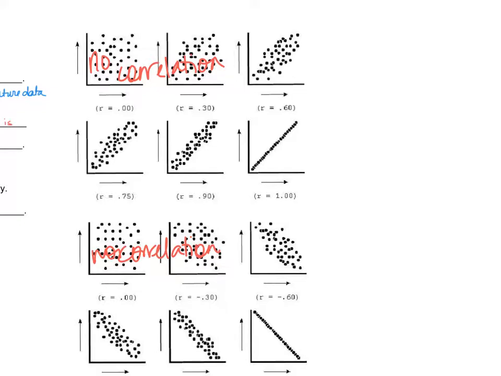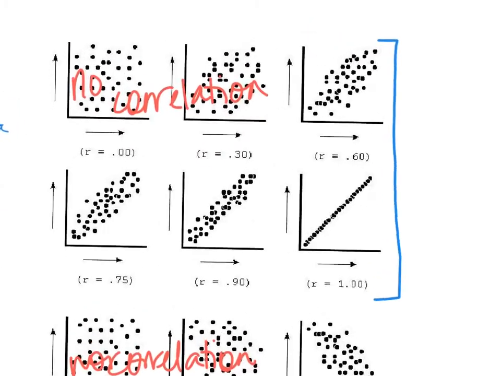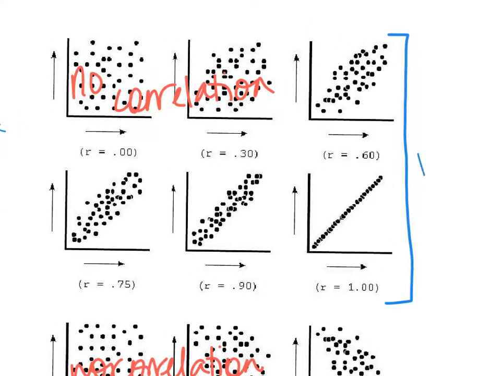Now, there are two other sets here that stand apart. So this first set, to me, becomes very distinctive of the second one because all of these appear to be increasing as we move to the right. So this whole top set is what we call a positive correlation.